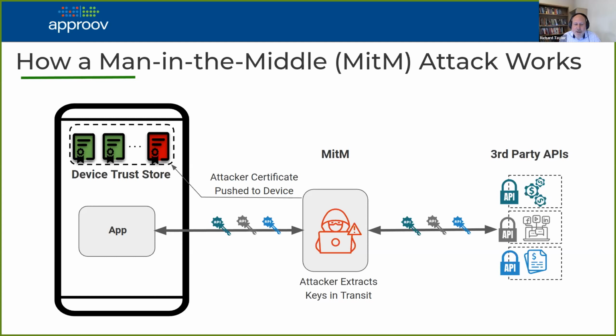So the device itself has a series of root certificates on it that are the trusted root certificates, and all certificates that it trusts have to lead back to that. So that normally maintains the integrity of that channel.